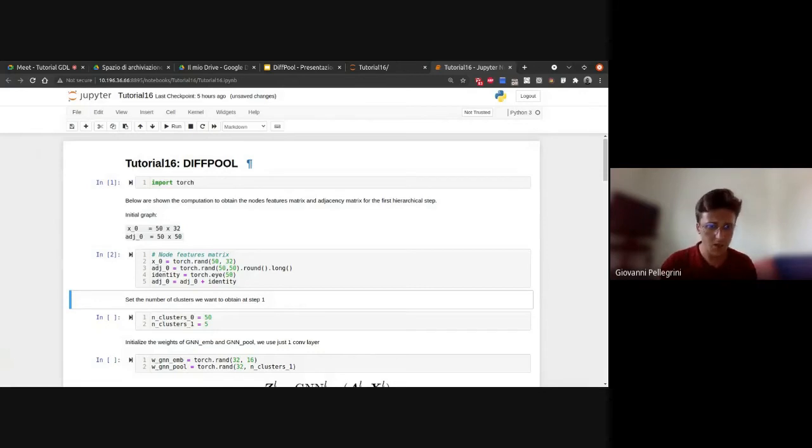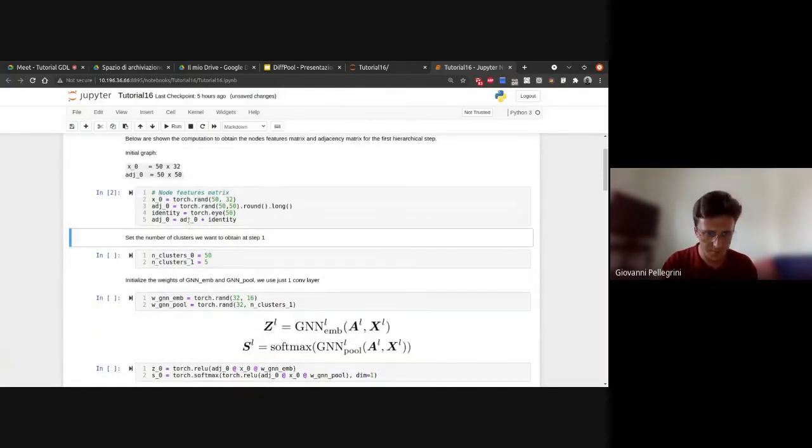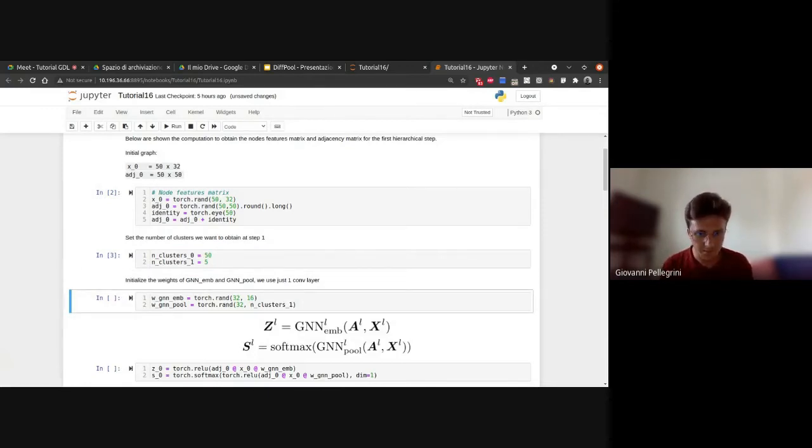So here we create this dummy graph, and we set the number of clusters that we want for passing from step 0, which is the entire graph, to a new version of the graph, which will have just 5 clusters, so 5 nodes. Here I have specified this.